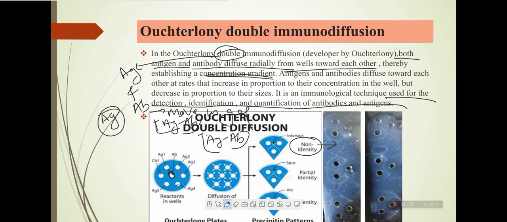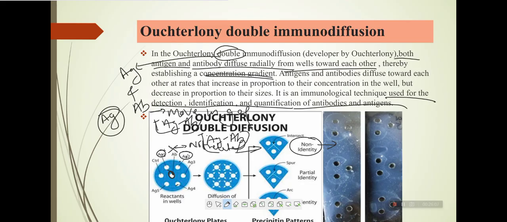This antigen 1 and antigen 2 are not related to each other, they are totally different, so non-identity will be formed.